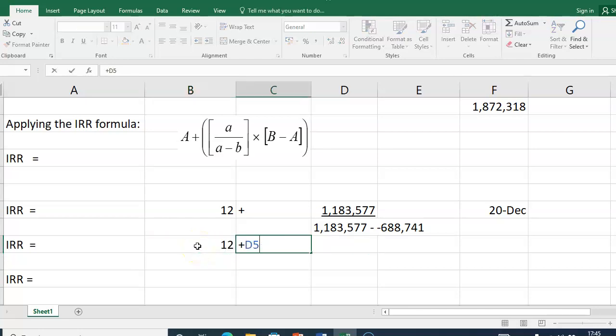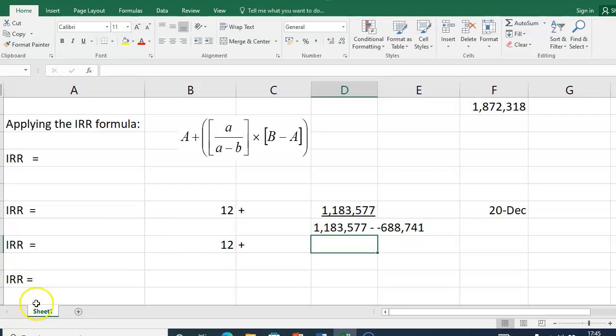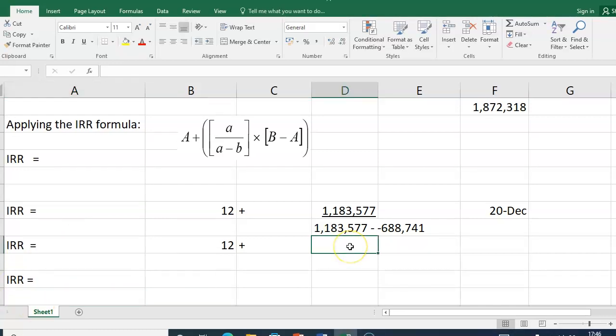Again, you're doing this in sections. The next section gives us 1,872,318. We then multiply that decimal by 8, the 8 being the 20 minus the 12.